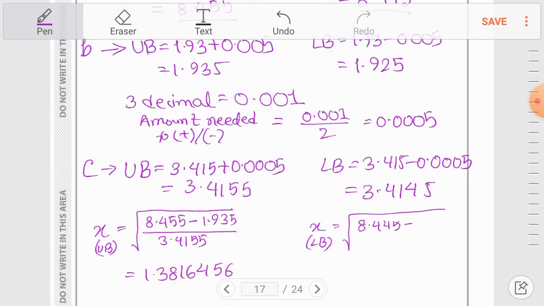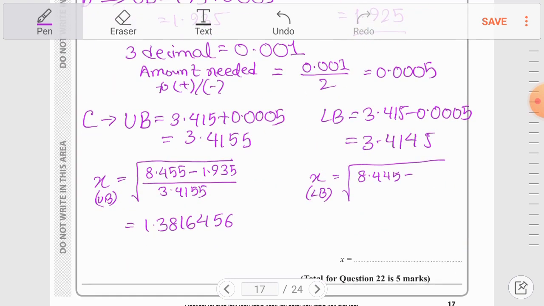8.445 minus the lower bound value of b, that is 1.925, divided by the lower bound value of c, that was 3.4145, and if you calculate it, you're going to get a value of 1.381848.